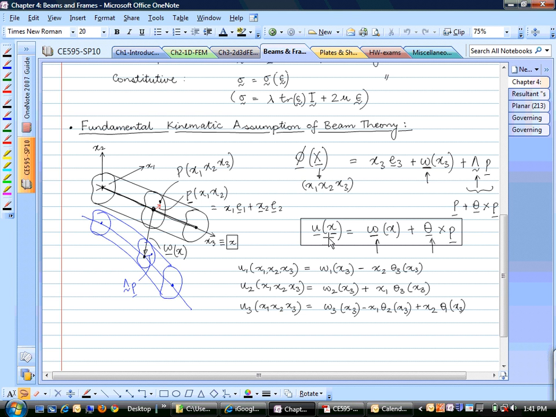Now note here that this x is a vector. So what we are saying is go anywhere in this domain. The displacement of that point might deform and go up to this point, and that can be expressed simply by this expression. In this expression, this x is a scalar, this x is a vector, this x is a scalar.